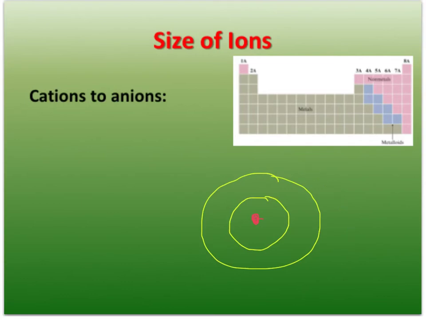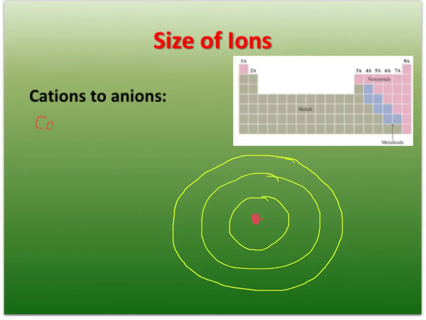Whereas when we have our anions, we just add electrons to this outer energy level. So in the same period, anions will be larger than cations. And the cations are smaller because they have lost an energy level.